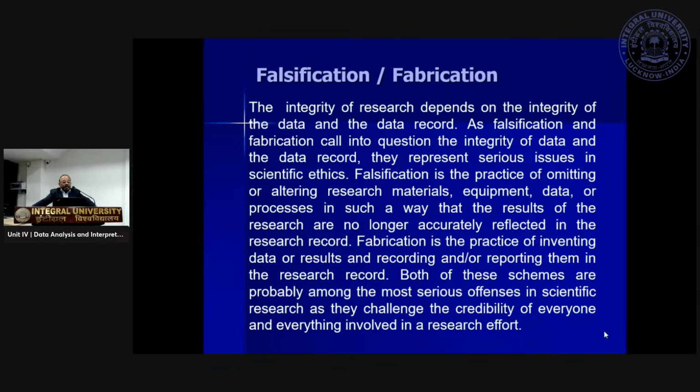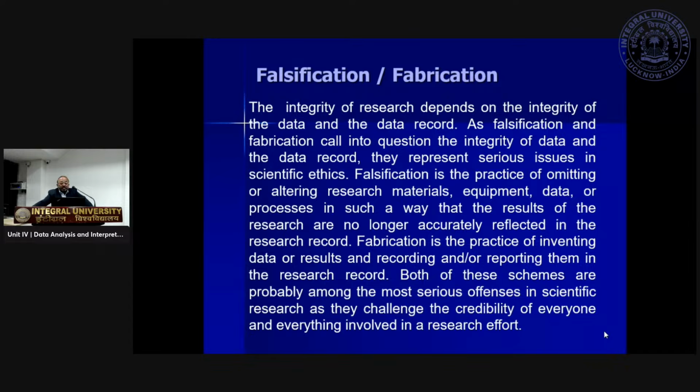Falsification and fabrication of data, as I already explained, the integrity of research depends on the integrity of the data which you are presenting and the data record. Falsification and fabrication call into question the integrity of the data and the data record, so they represent serious issues in scientific ethics.